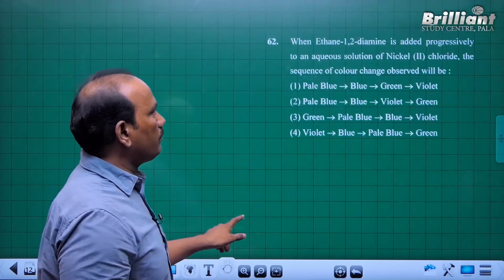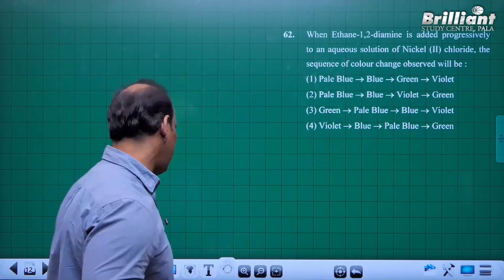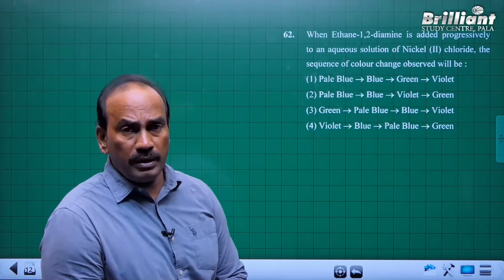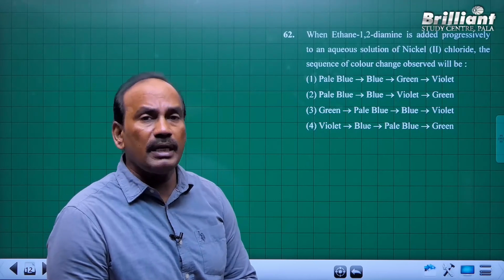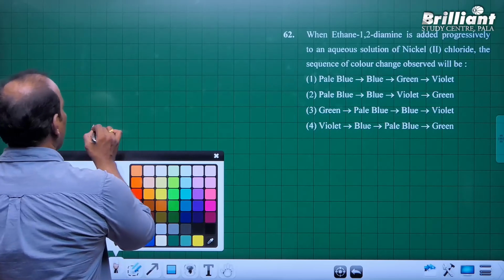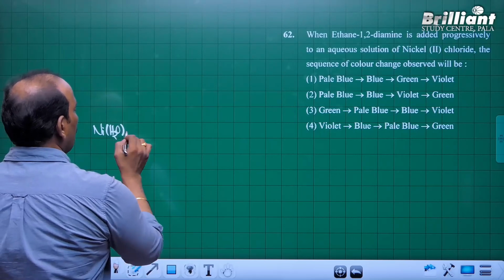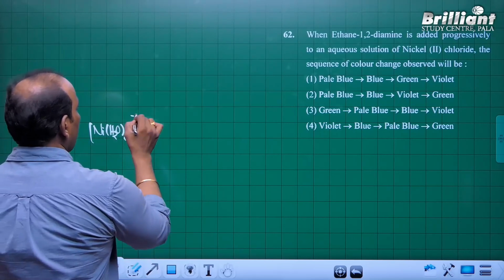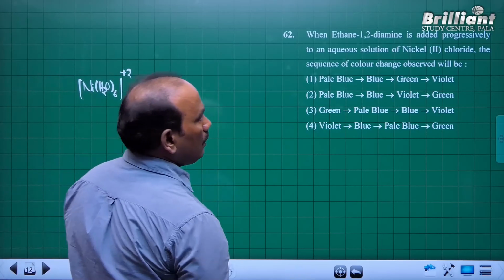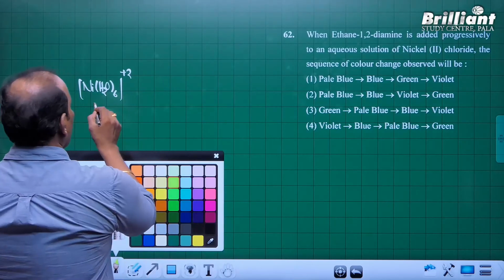Okay, next one is a very regular and repeated question in exams. The color of the complex compound depends upon the nature of the ligand also. That is the theme of the concept. So here nickel, Ni(H2O)6 2+, in aqueous solution is green color.